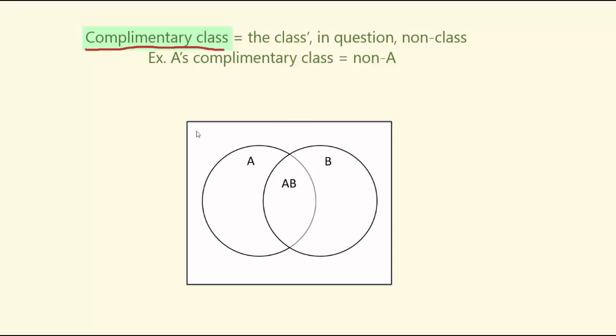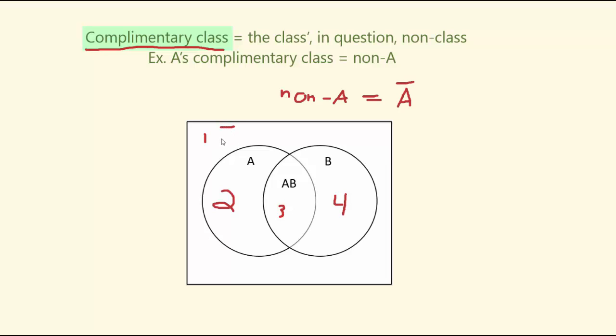But let's take a look at where our non-A's are. If we want to deal with the complementary class of A's, and we're worried about diagramming, we need to be worried about where the non-A's exist. Let's let our symbol for non-A's be an A with a line on top.